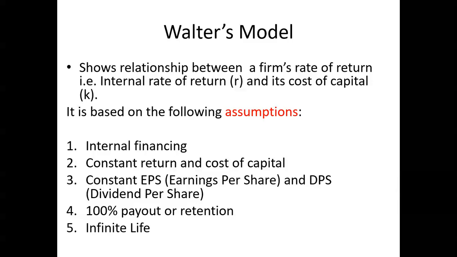The other assumption is 100% payout or retention. All the earnings of the company are either reinvested internally or distributed as dividends. They either distribute the dividend to the shareholders, or they retain the total earnings.